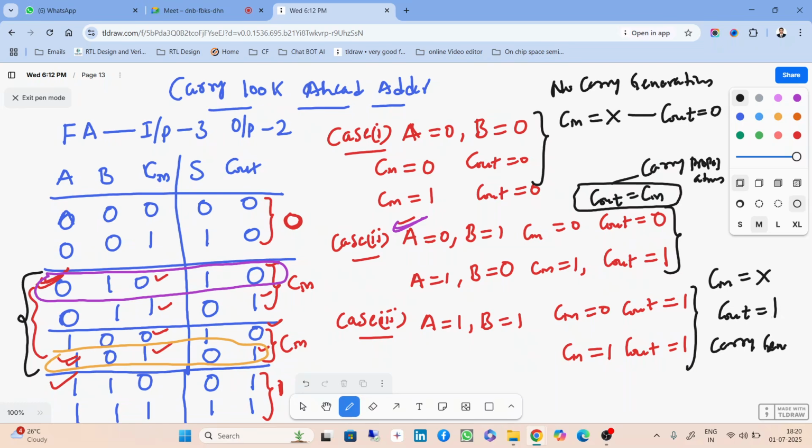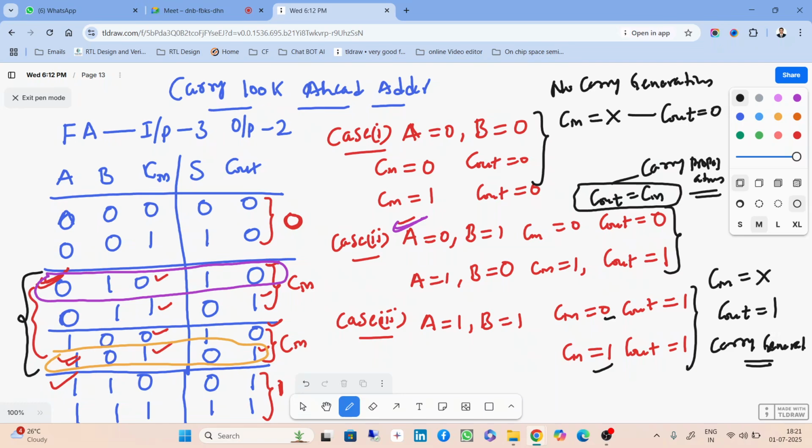Here C input is either 0 or 1, and we are getting C out equal to 1. So 1 means carry is generating. In case 2, C out is following C input, that we call carry propagation. And here this we call carry generation. Is it fine?